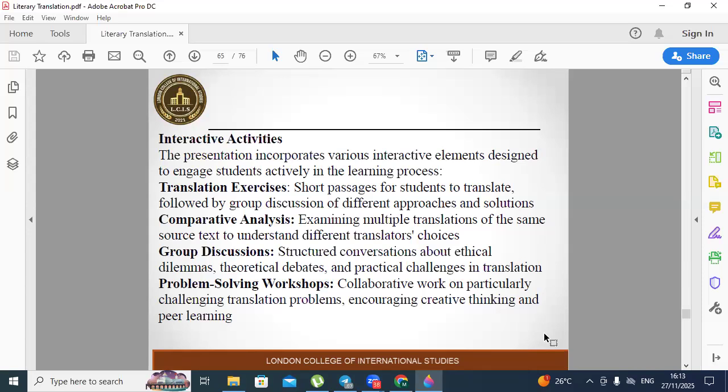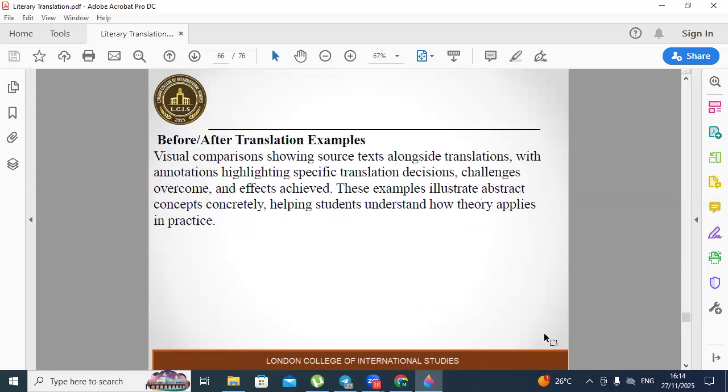Some translation problems seem unsolvable individually, but yield to collaborative brainstorming. Multiple perspectives generate more solutions than any individual could discover alone. Before and after translation examples: visual comparisons showing source texts alongside translations with annotations highlighting specific translation decisions, challenges overcome, and effects achieved.